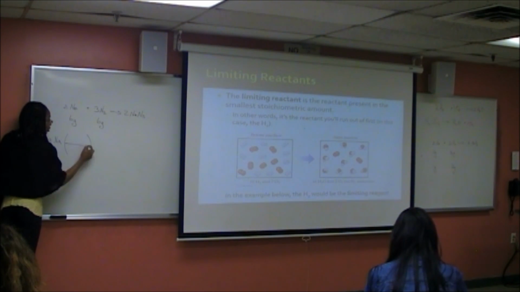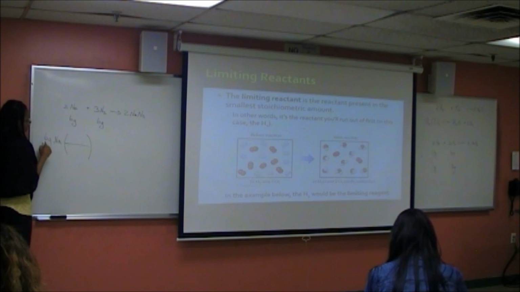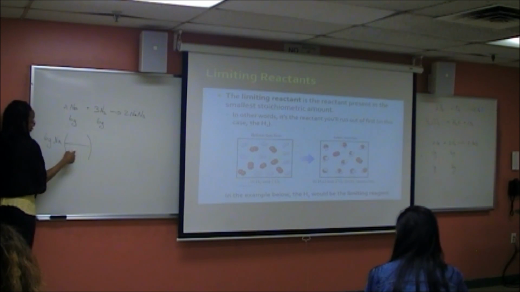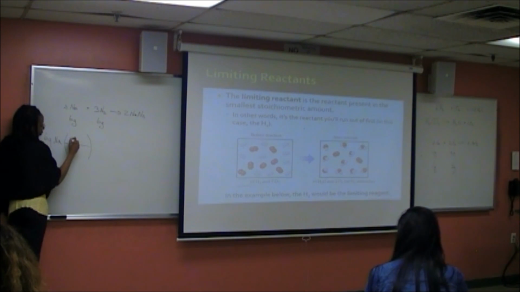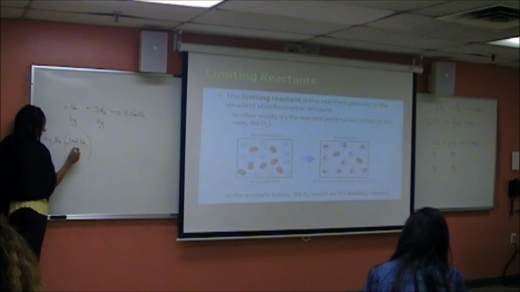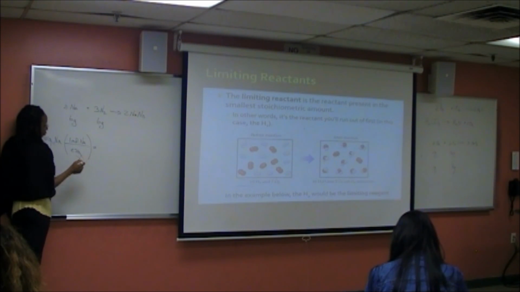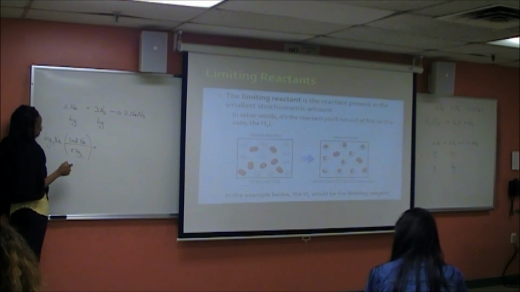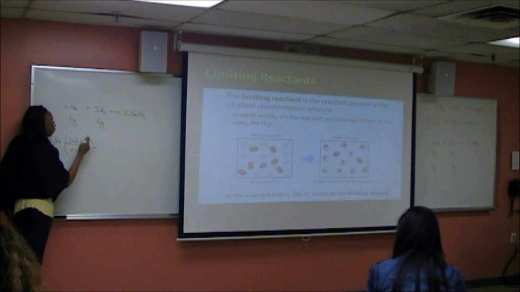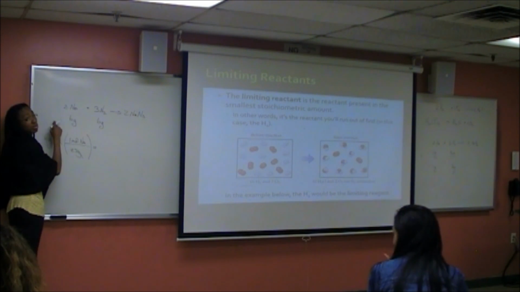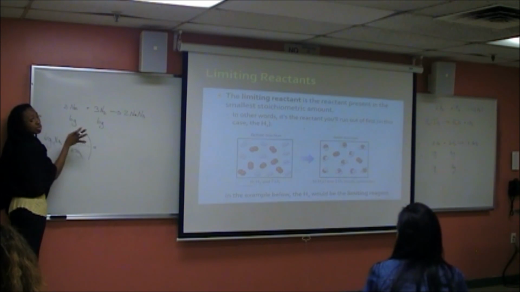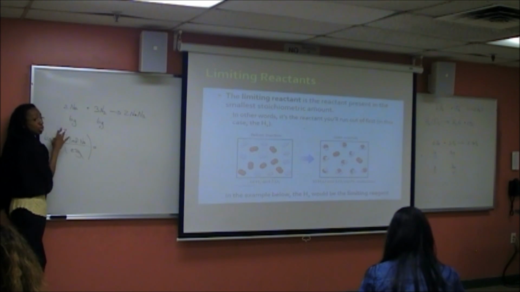So what goes in here? 1 mole of sodium over 23 grams. Grams cancel out. Multiply across, divide by the bottom. 6 over 23 is 0.26. Oh, we could do the alternate way for this one as well. Just so you know. Do you want to do the alternate way?